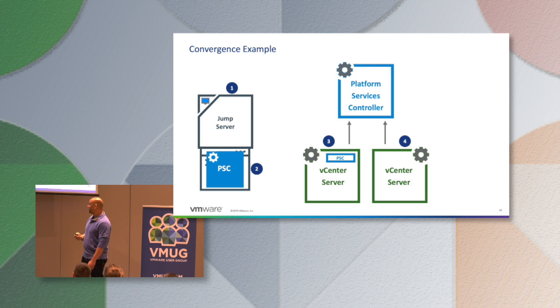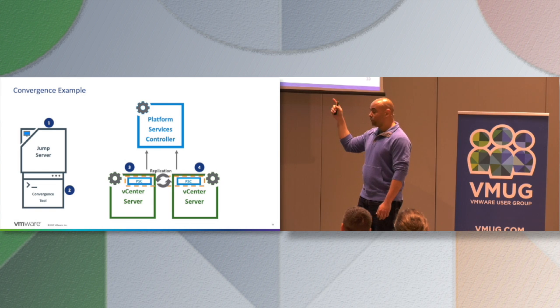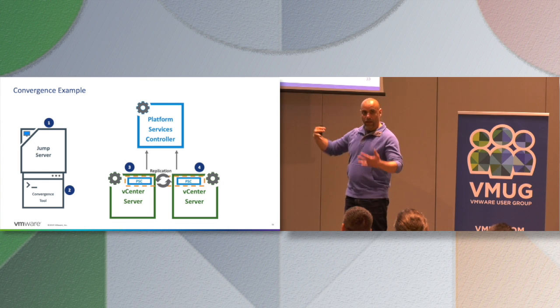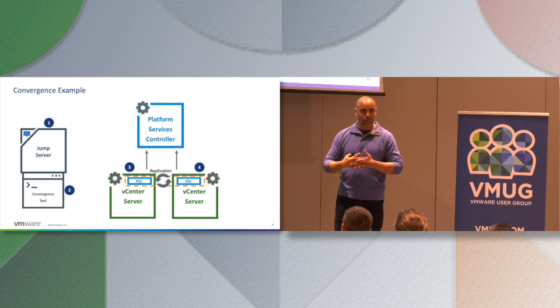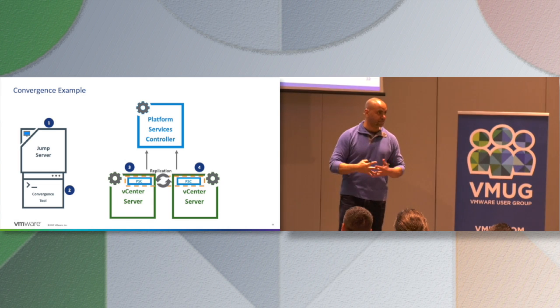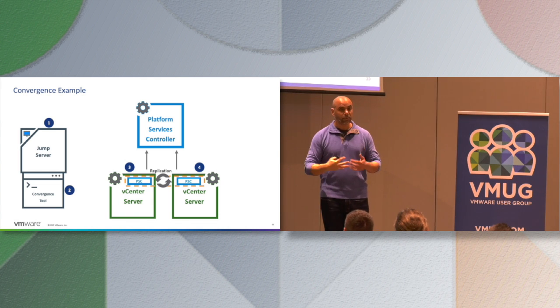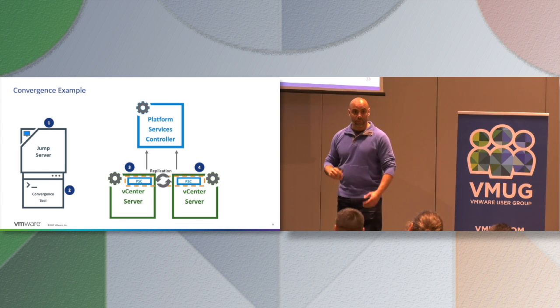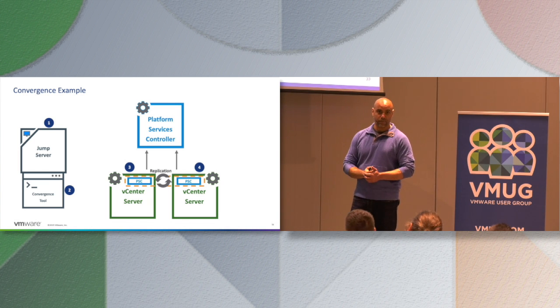All right, so let's take a look. Now that I have my 2 PSCs, I'm going to do the replication with the embedded. And the reason is, if I do it this way, I keep link mode, right? The only reason that I was external in the first place was I wanted to have enhanced link mode. So I want to keep that enhanced link mode. To do this, I need to replicate with the first embedded deployment.